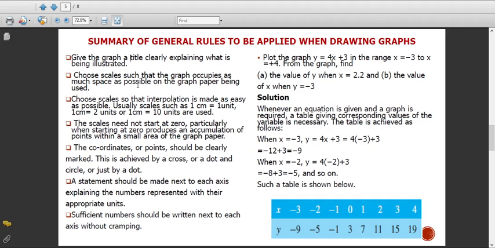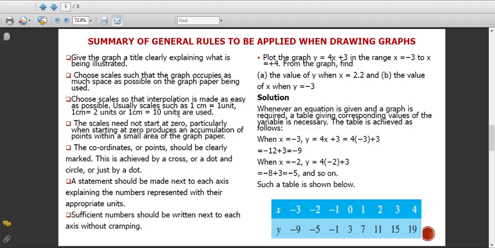Then you should choose scales such that the graph occupies as much space as possible. We always say it should cover at least 3/4 of your page. You should also choose a scale such that interpolation is made easy. So we usually advise scales of whole numbers, for example 1 centimeter representing 1 unit, or 2 units representing 1 centimeter, or 1 centimeter representing 10 units, and so on.